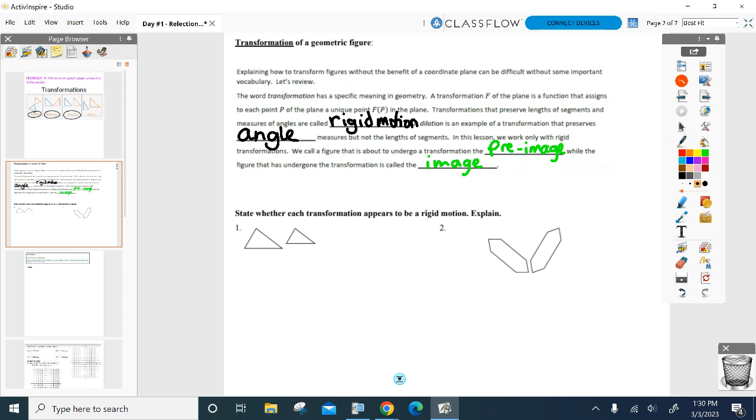Before we get off rigid motion, just 2 quick examples here. I've done a transformation. I don't know what it is, but I've done some type of transformation that this pre-image goes to this image. Did I do a rigid motion? Whatever transformation I performed, do you think it was a rigid motion? No. Why not? Why would this transformation not be considered a rigid motion here?